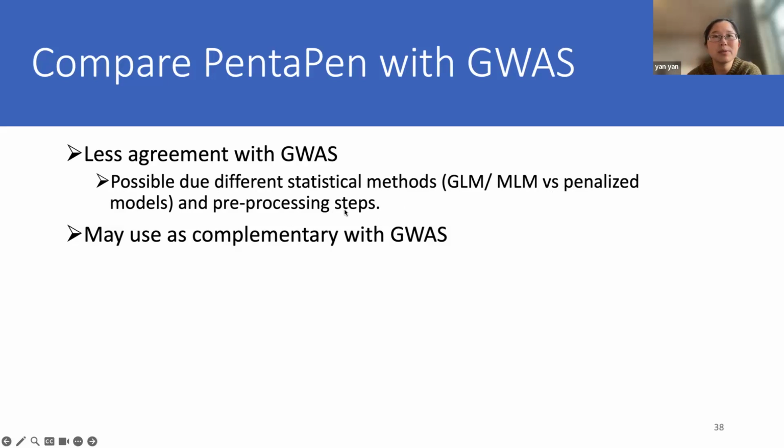There is also some pre-processing that needs to be done because of the differences in models, so that may contribute to the lower agreement as well. But we find PandaPen could potentially be used as a complement, so maybe combining the two will give us a better set of SNPs.